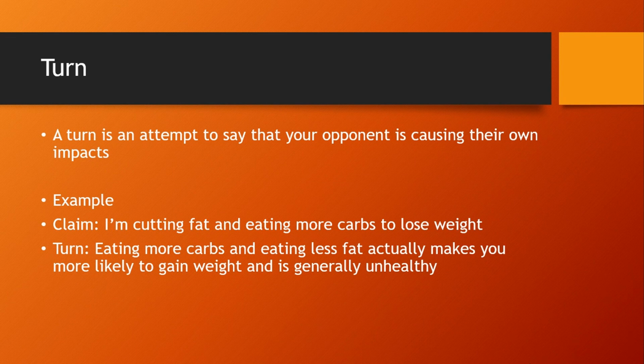So they're trying to prevent weight gain, and what they're doing actually causes the weight gain that they're trying to prevent. That is a turn. You're saying, no, you're not preventing the thing you're trying to prevent. You're actually causing it.